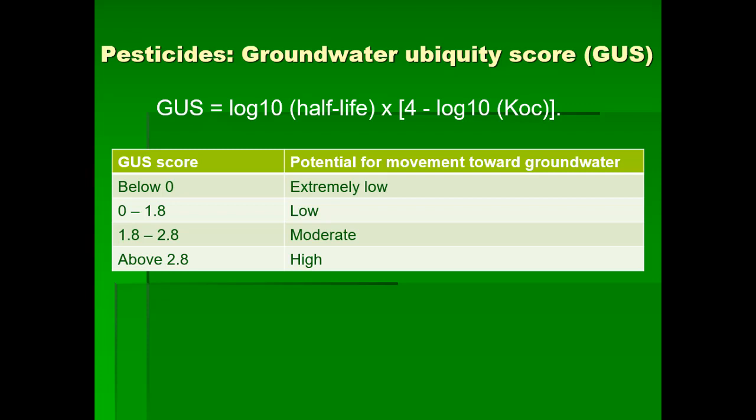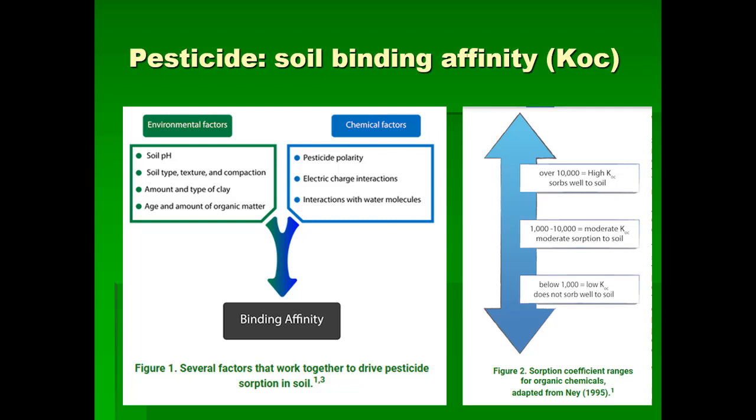The next one is the pesticide's soil binding affinity. This is also called the sorption coefficient. In other words, it's the attraction between the pesticides and the particles of soil. And as you may imagine, the strength of the attraction varies a lot depending on many complicating factors.